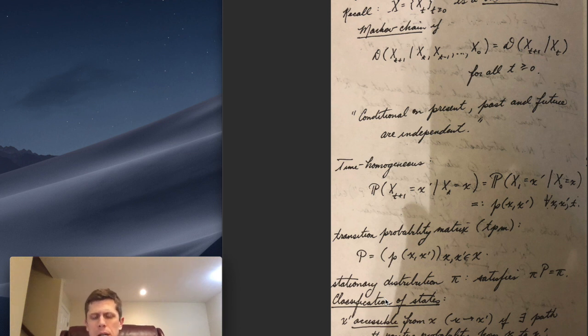It's not changing. Once I draw something according to that distribution, then the marginal distribution at all times after that will be the same, and it will be given by pi. So that's what it means by stationary.